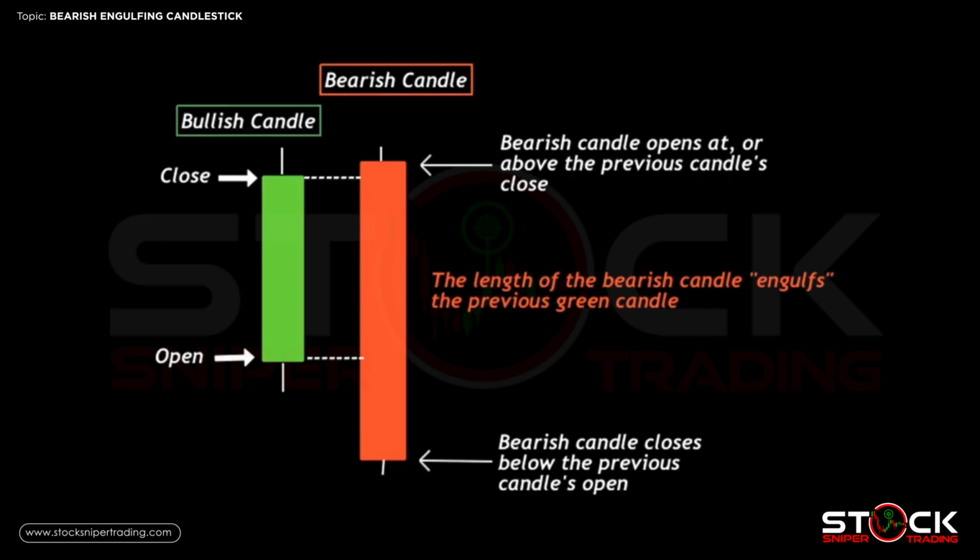The bearish engulfing candle opens at or above the previous bullish candle's close, and it goes down where it completely engulfs the previous green candle, and the bearish candle closes below the previous bullish candle's open. This illustrates that the bearish candle completely engulfs the previous bullish candle, where there are more sellers than buyers, and it leads to a continuation of a downtrend.